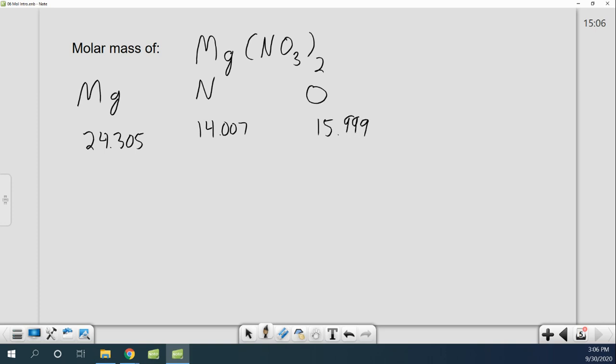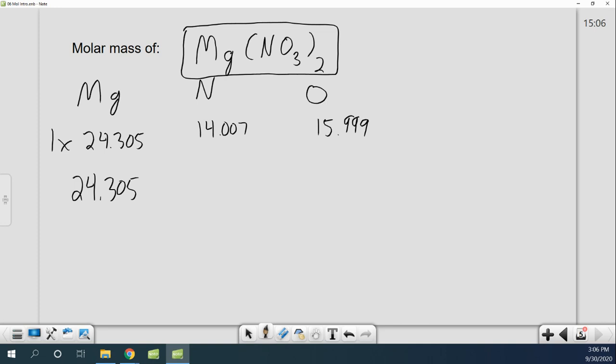Okay, now I need to know how many of each. So I look back up here at my chemical formula. I have 1 magnesium. I have how many nitrogens? Well, I got 2 sets of NO3, so that means I have 2 nitrogens and 2 times 3, 6 oxygens.